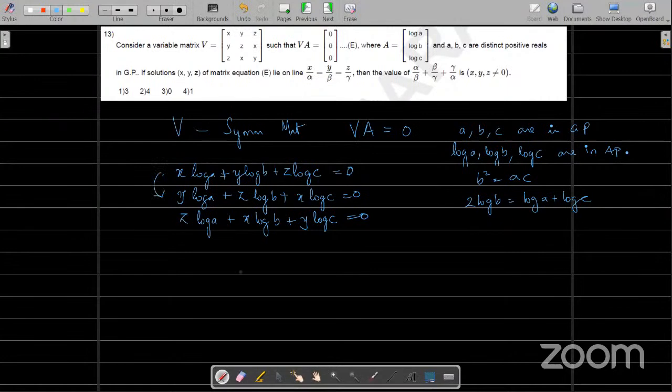Add these two equations. I get x plus y into log a, y plus z log b, x plus z log c.